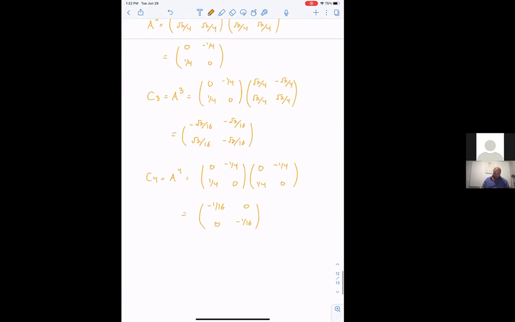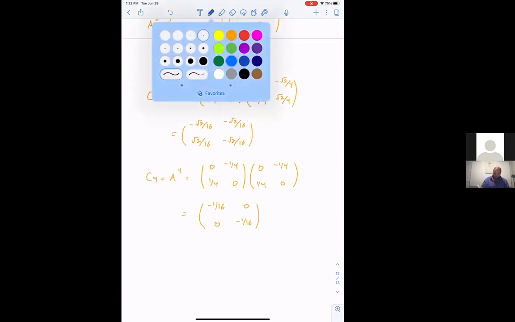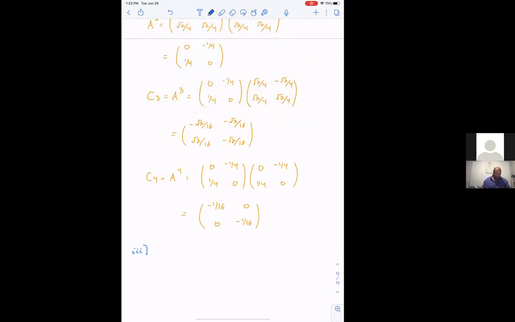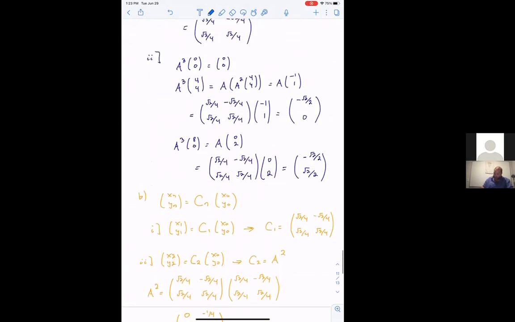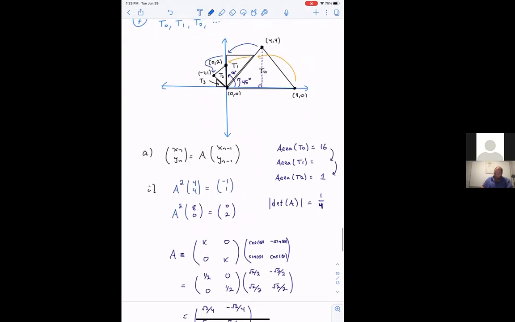Okay, and then finally it says part III. This is the last part. It says find the sum of the areas of T0, T1, T2, dot, dot, dot. So the area of T0, we've already established above, was 16.